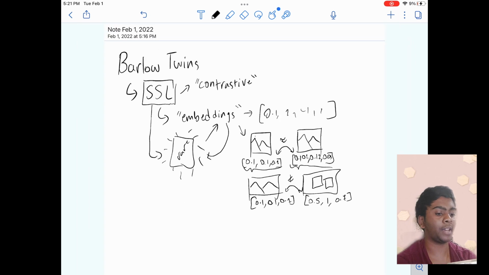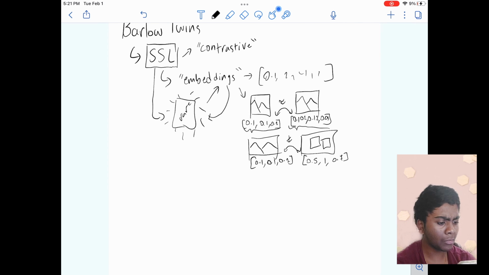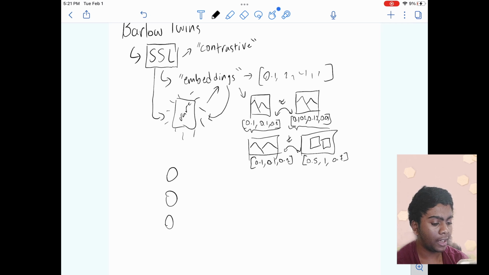And then you might be asking, okay, then what? Then we have these embeddings, and they're much smaller in size than the images in our data set. So if we give these embeddings to some other model, it makes it a little bit easier to learn from the data and do stuff like classification.